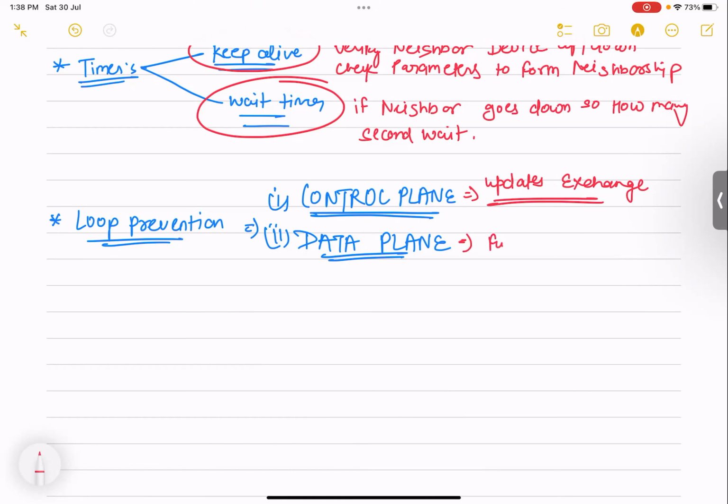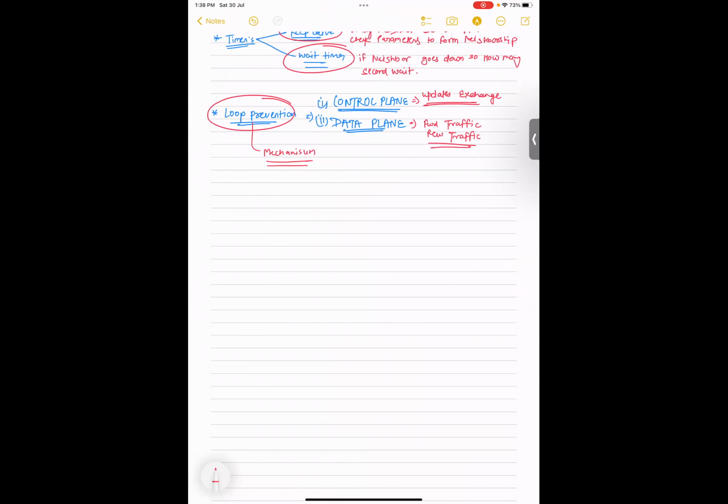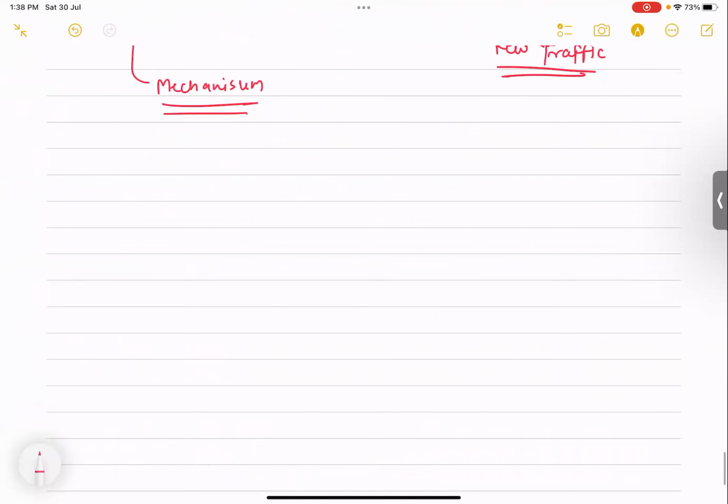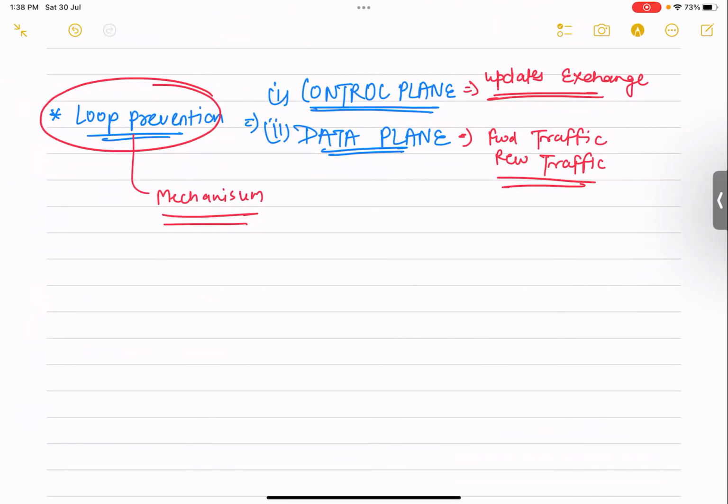Data plane means forwarding traffic, whenever traffic is received. For loop prevention we use some mechanisms, and we will discuss them. For RIP we use poison reverse, in EIGRP we use the DUAL algorithm, and in OSPF we use SPF.